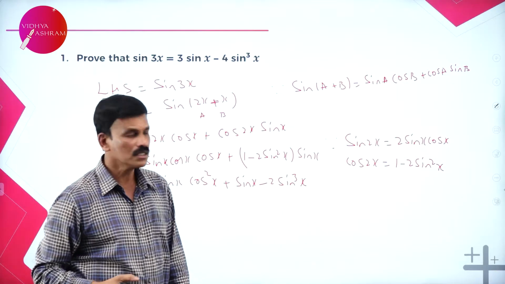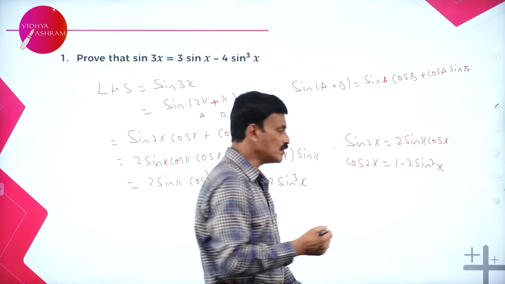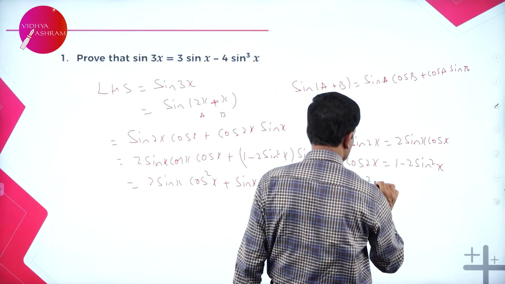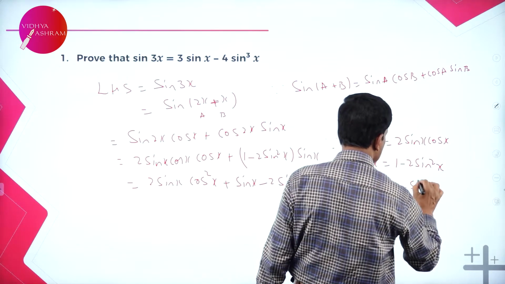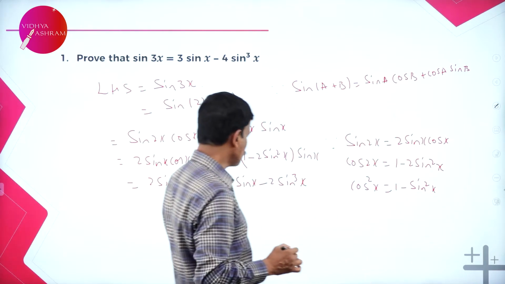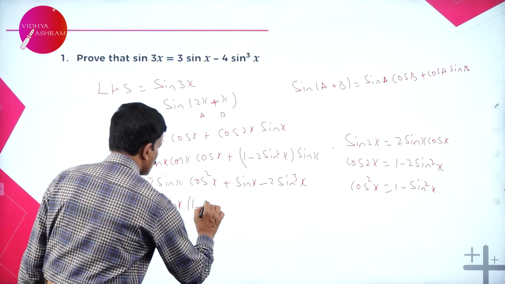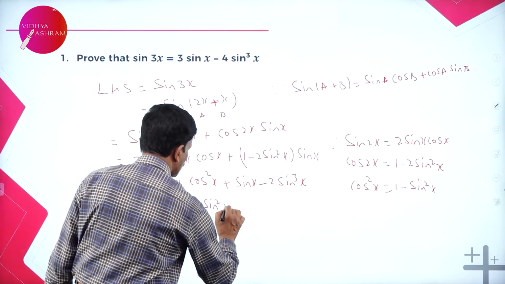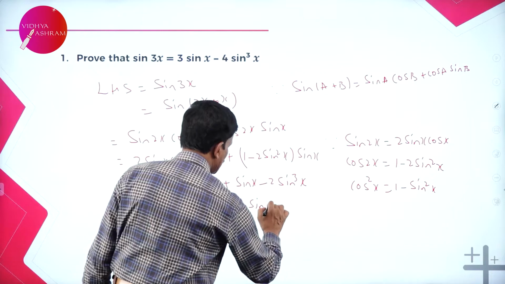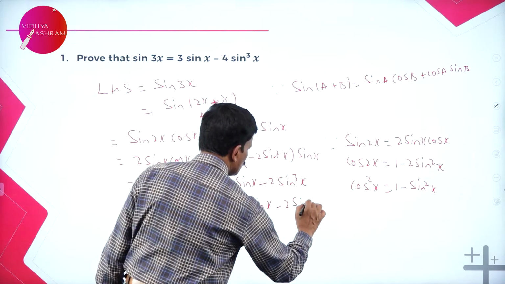Okay. Now, convert this cos square to sines. We know that cos square x is equal to 1 minus sin square x. Substitute here. So, this is 2 sin x into (1 minus sin square x) plus sin x minus 2 sin cube x.